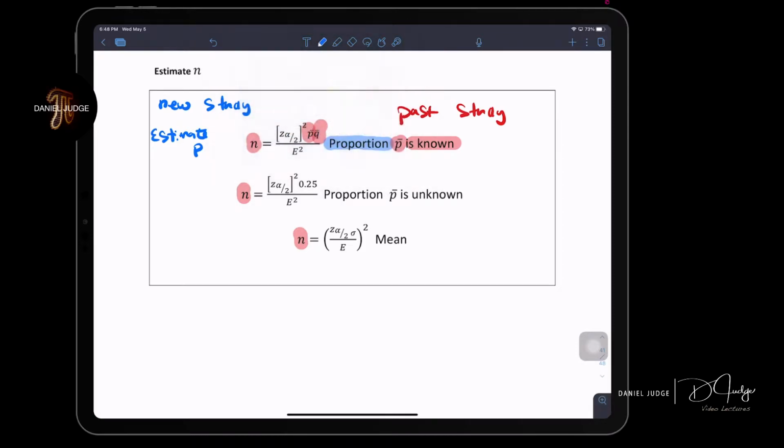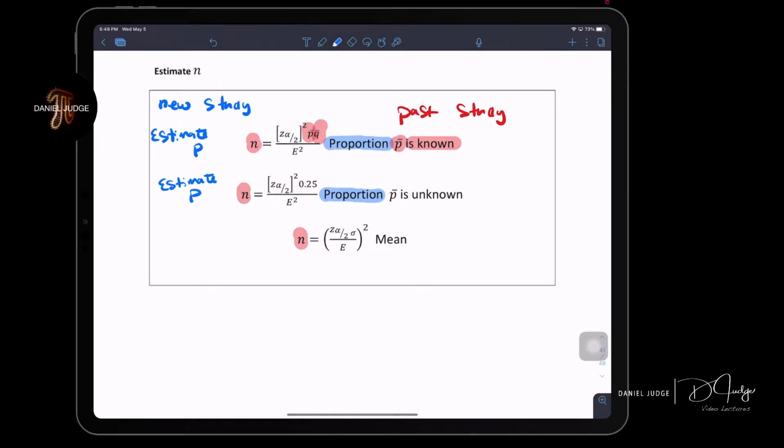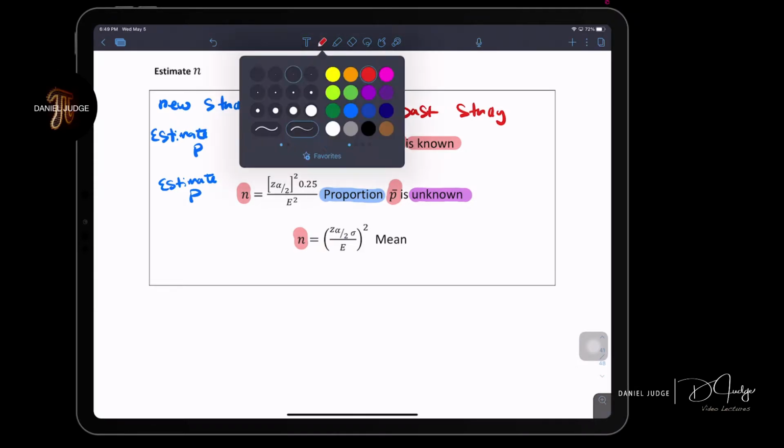If you are estimating a true proportion, again they label this formula the proportion formula, but this time the sample proportion is unknown from a past study, or maybe there is no past study. In that case, you make an assumption about p hat.